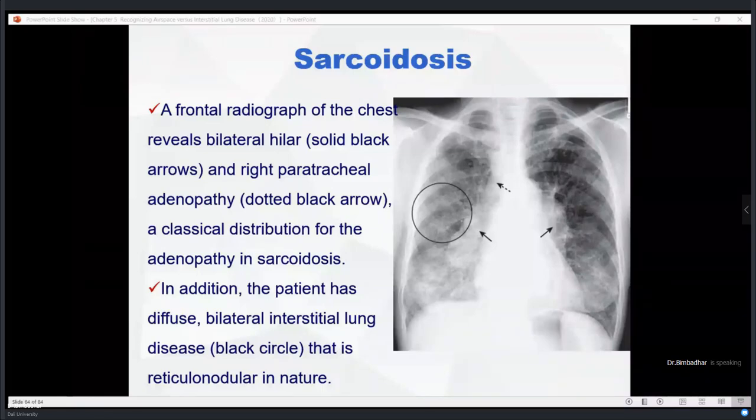But since patient number 1 has only unilateral hilar lymphadenopathy, I cannot classify him as sarcoidosis. The takeaway point is that every lymphadenopathy does not indicate infection, nor does it indicate a very progressive disease like sarcoidosis.